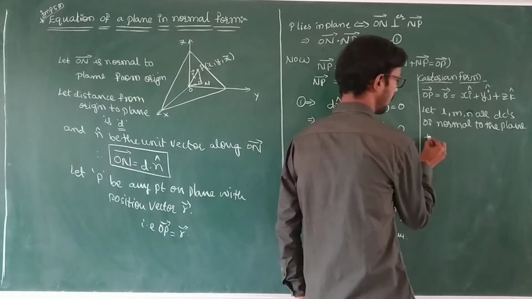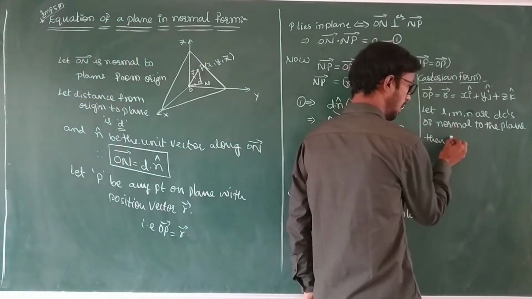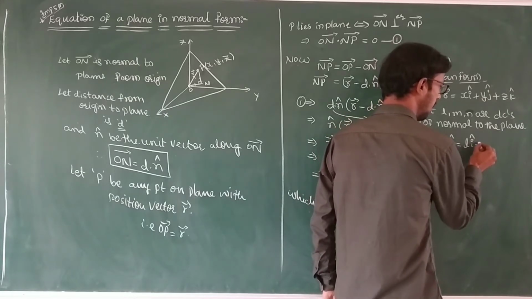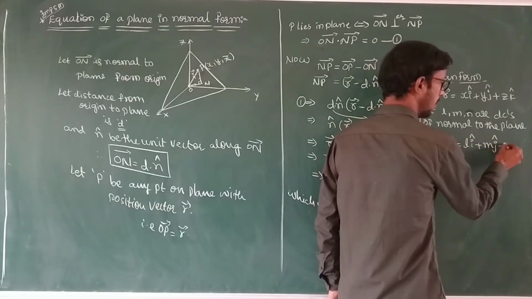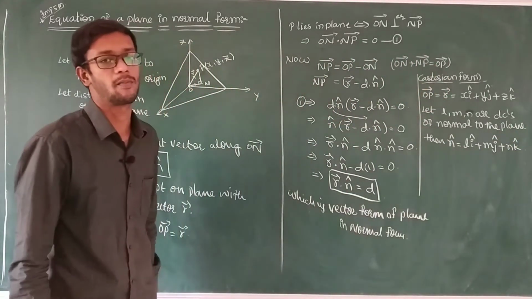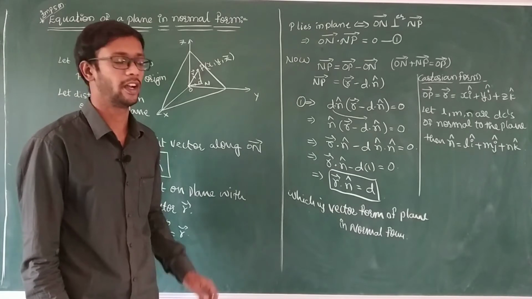Then n cap is equal to l i cap plus m j cap plus n k cap, which is the unit normal vector. Next step.